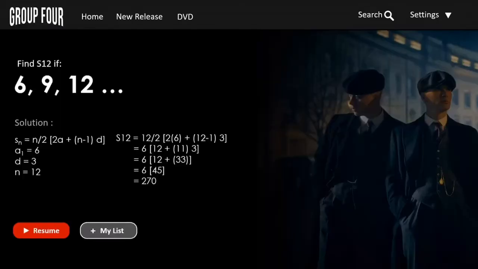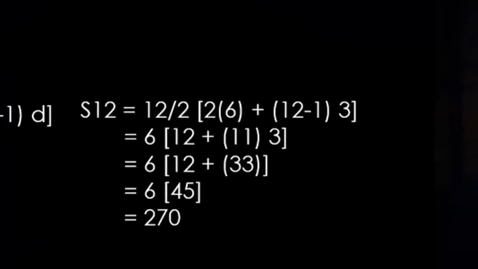Our number of terms is 12, so 12 divided by 2 times 2a sub 1, which is 6, plus 12 minus 1, times the common difference, which is 3.